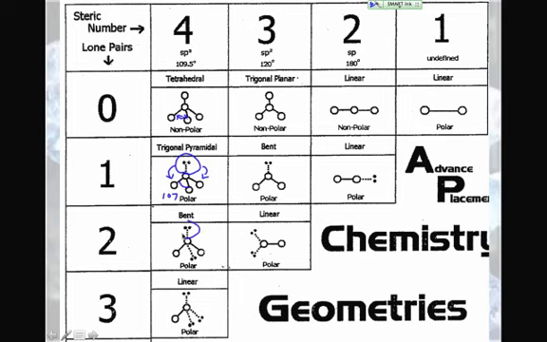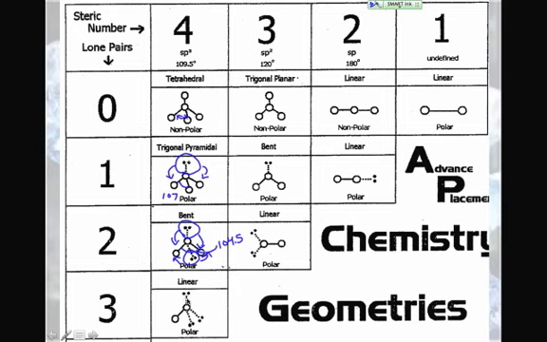And then if we put in 2 lone pairs of electrons, now it's being squished from both sides, and these bonding pairs reduce the bond angle. The lone pairs reduce the bond angle between the bonding pairs of electrons from 109.5 to 104.5.